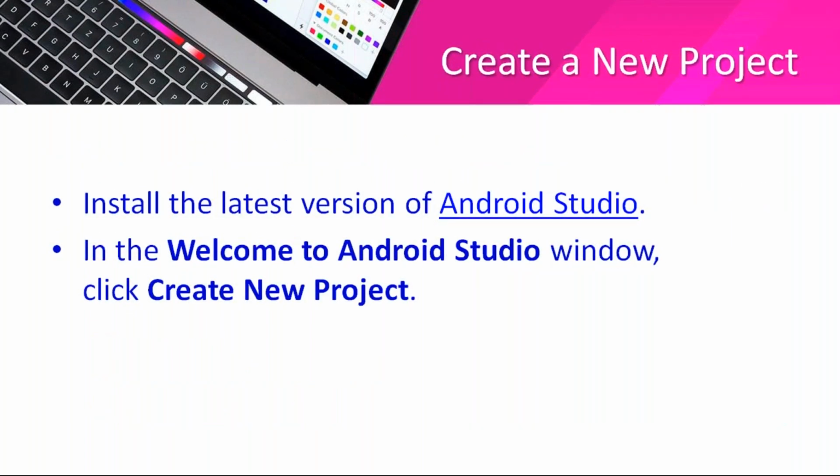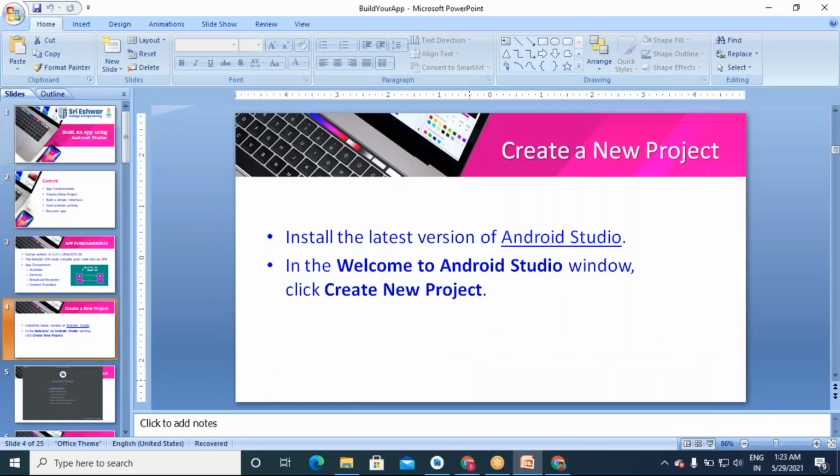Okay, so now how to create a particular new project. Before entering into Android Studio, I want to show you how to install Android Studio in your system. Before that, you have to know that your laptop or your local PC should have 8 GB RAM as a minimum requirement to install and run the Android Studio application.